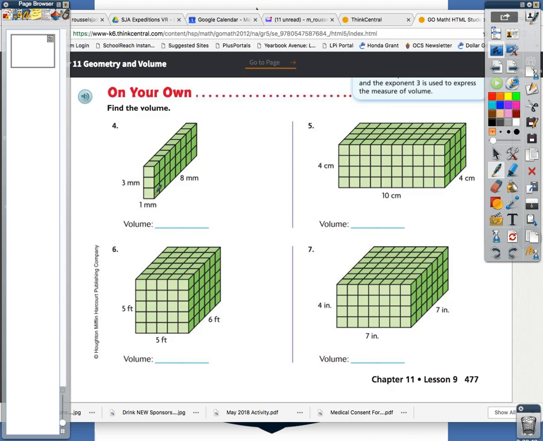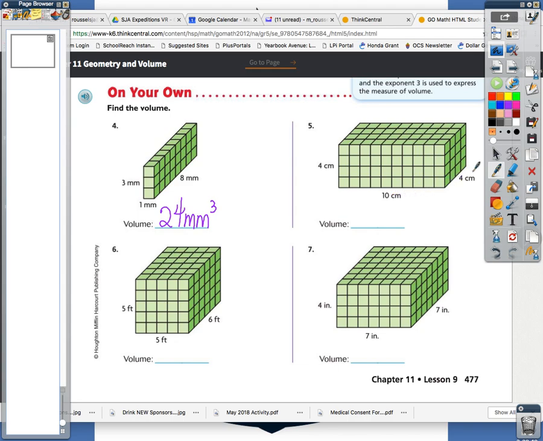So as we see here in some examples from the book, the length and the width would be 1 times 8, which is 8, times the height of this rectangular prism, which is 3, would give us 24 cubic millimeters. We're simply multiplying length times width times height. Same thing for the next example, number 5.